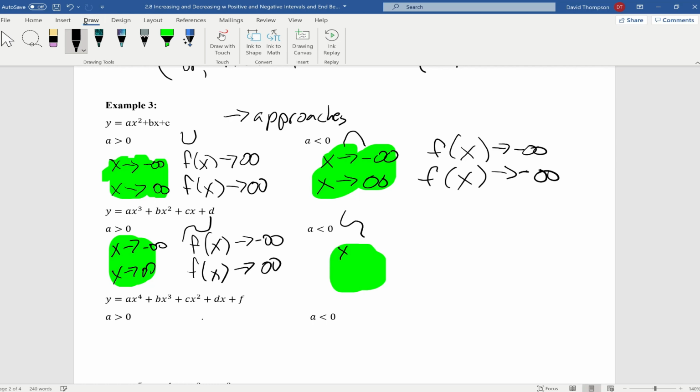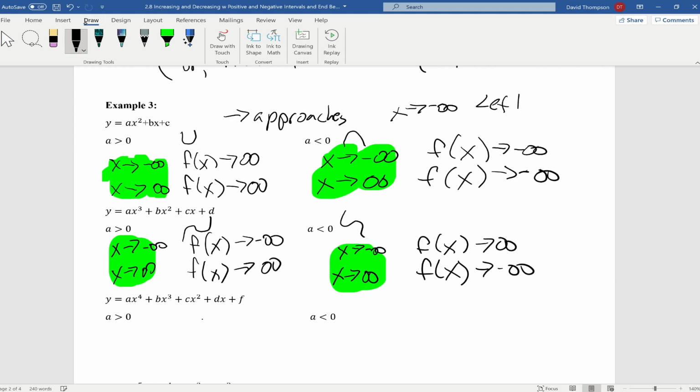Now when a is less than 0, as x approaches negative infinity, this will be on the left side, f of x is going to approach positive infinity. As x approaches positive infinity, f of x is going to approach negative infinity. So another way to think about it: x approaches negative infinity is your left side, and x approaches positive infinity is the right side of the function.